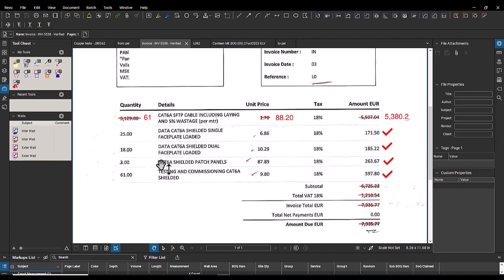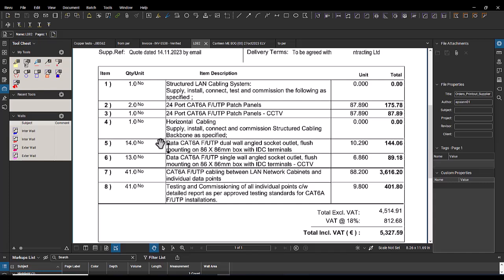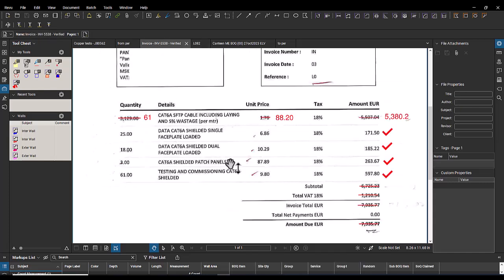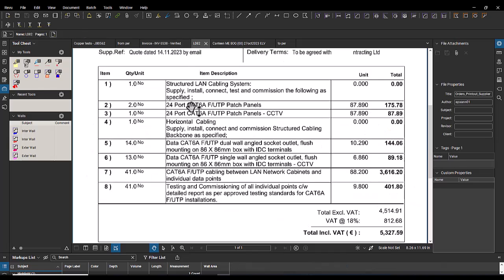And this item has 3 numbers. It's a Cat6 shielded patch panel. So it's a panel, and what is the price? The price is 87.89. So where is the 87.89?